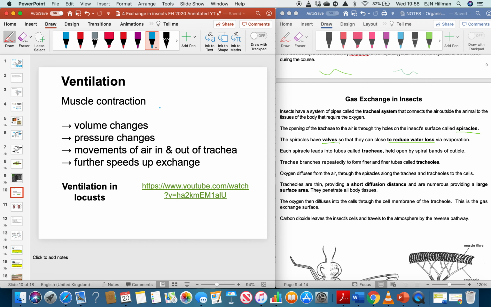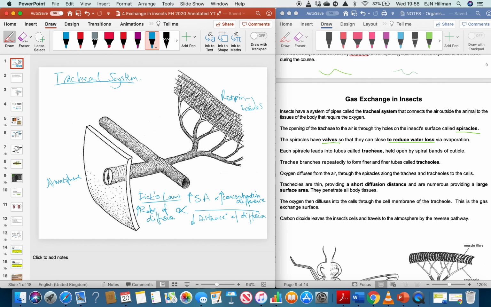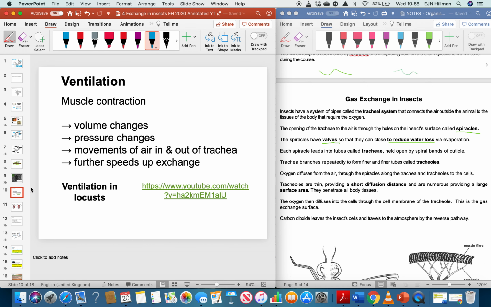So, there is ventilation in insects. Okay, that ventilation accounts for the third factor in Fick's law. So the concentration difference. Okay, so in insects, muscles contract, which change the volume of the tracheoles. So we get volume changes in the tracheoles.